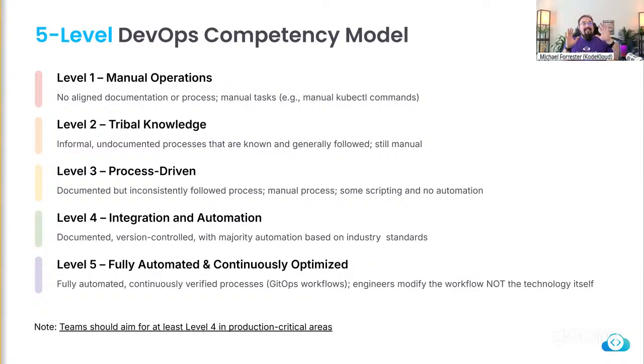And then level four is all about, I have a documented, probably version controlled, it could be infrastructure as code, and it's got a lot of automation, and it's based on pretty much industry standards. So if this is Kubernetes and you say, I'm just using EFK, the minute you even say the words EFK, I probably know what you're talking about.